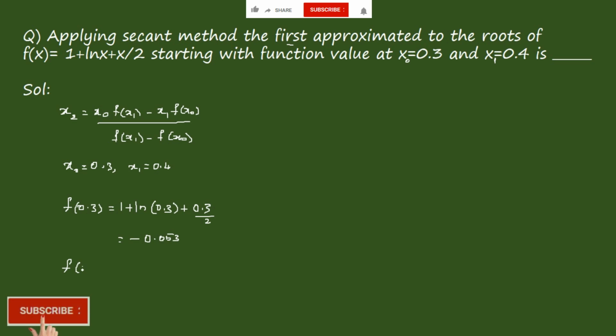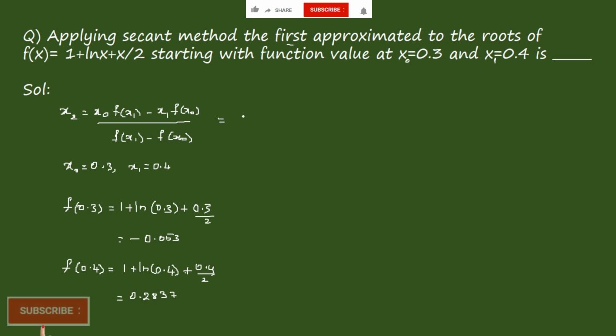Use a calculator. We get 1 plus ln of 0.4 plus 0.4 by 2, which gives 0.2837.